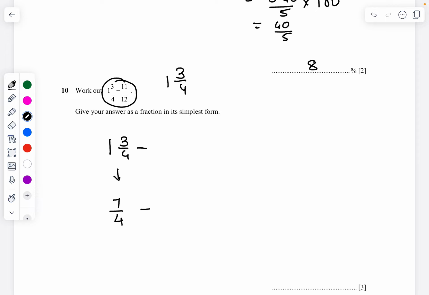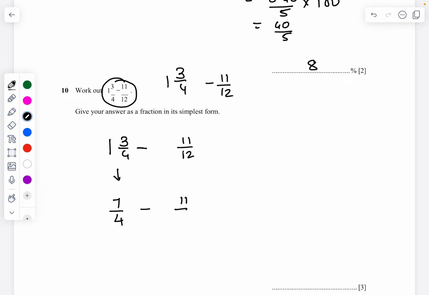And another one, this one can be written as 11 upon 12.